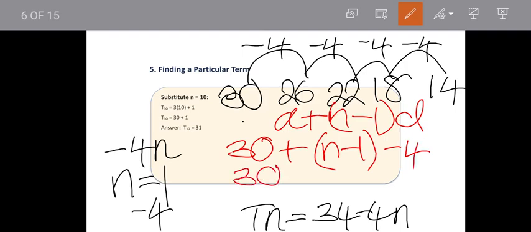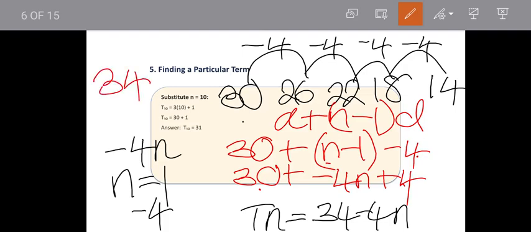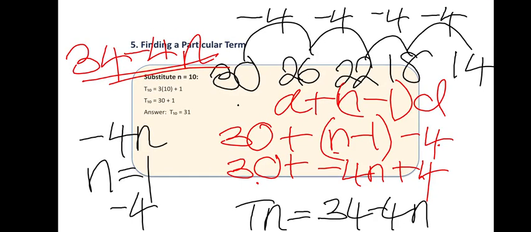So now we've got 30, n times negative 4, minus 1 minus 4. So now we've got 30 plus 4, which is 34, minus 4n. So the answer is going to be the same there. We still got the 34 minus 4n.